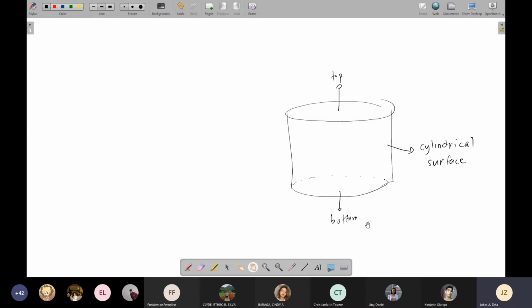That is for a whole cylinder. But what if I chop it, and cut out a part?